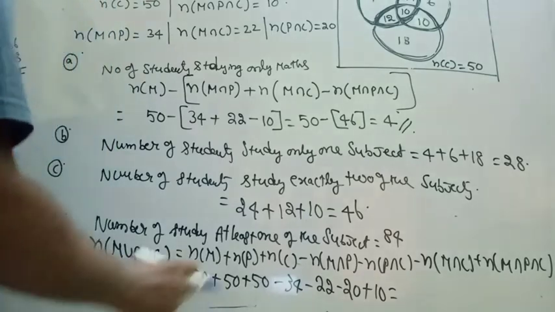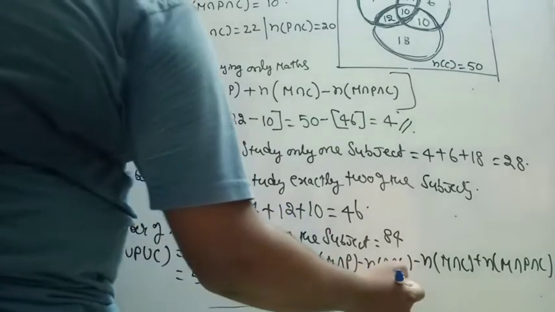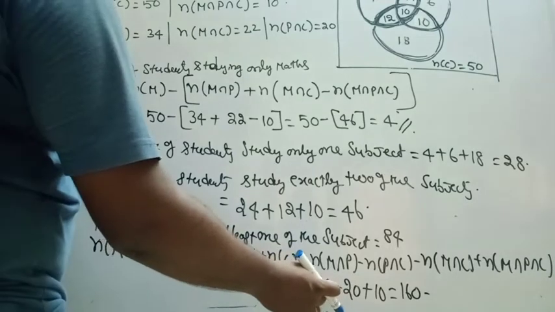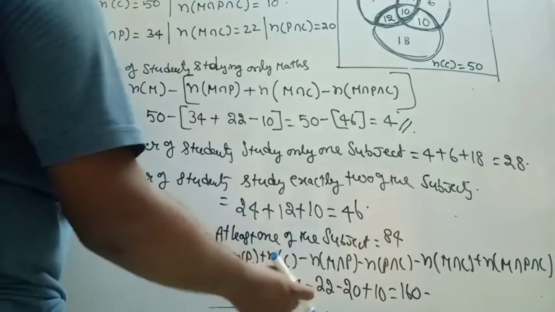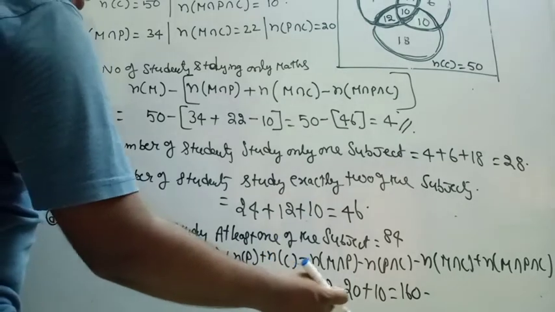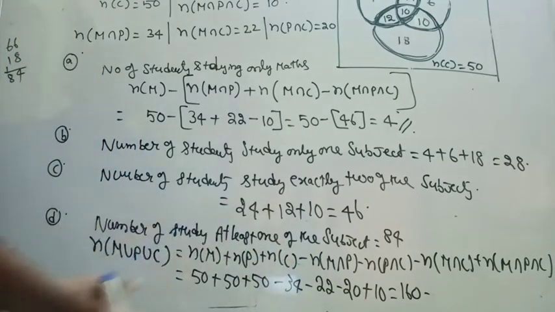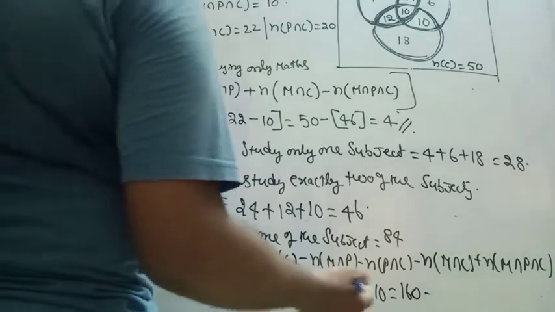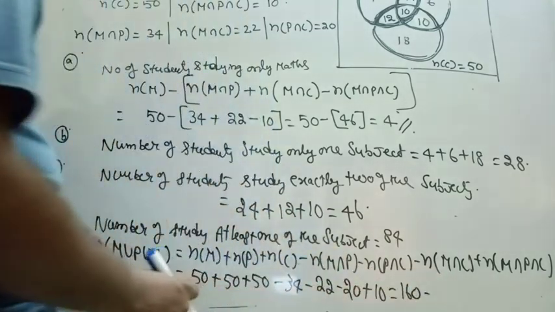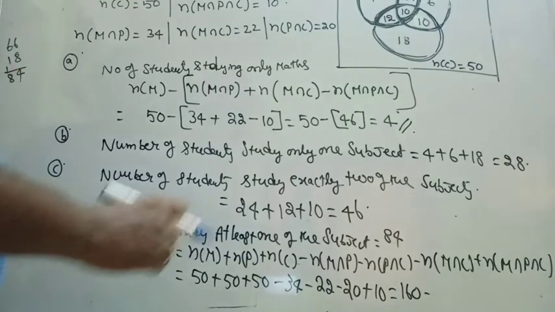Now this is 150 plus 10, 160, minus 34, minus 22. You add the negative values: 34 and 22 become 46. 46 plus 20 is 66, right? You just see, my dear students, what you are going to get, you just add here.